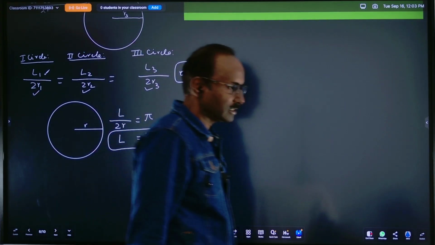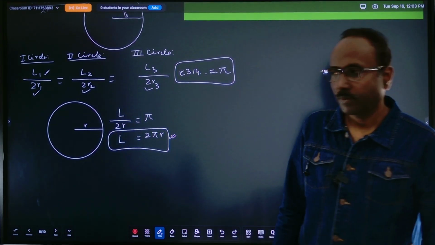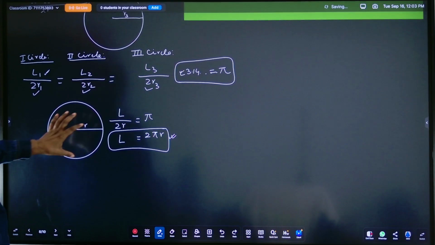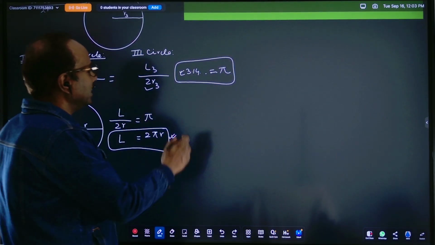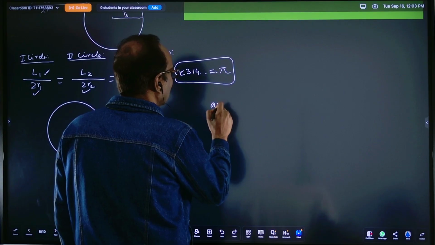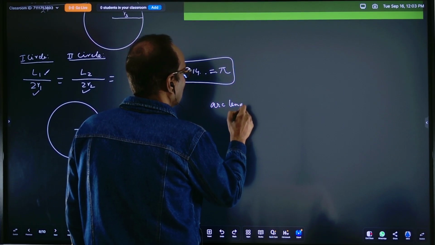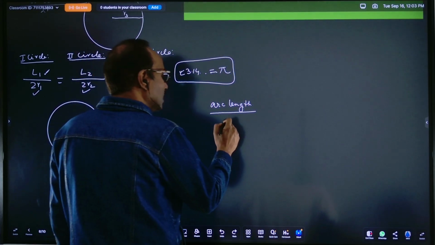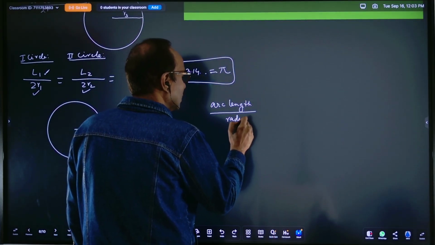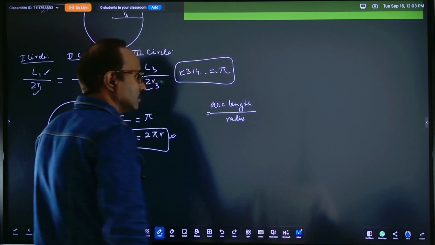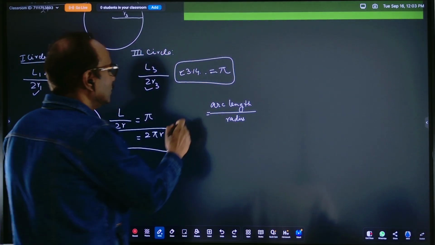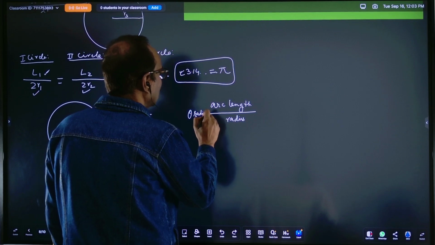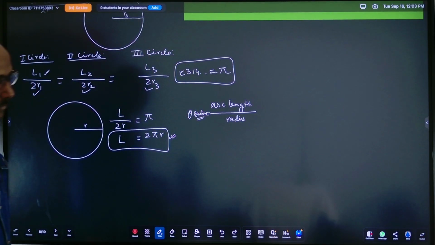So to define radian, they said that the arc length of a circle divided by the radius of that circle is theta, the angle in radian. This is the way the radian has been obtained.